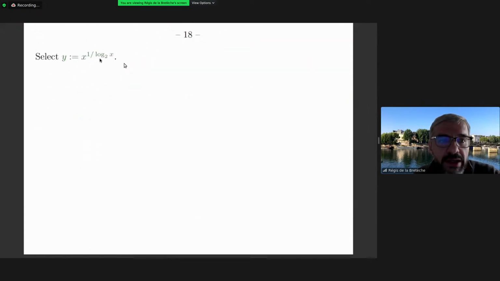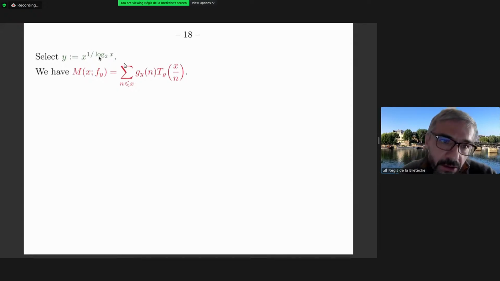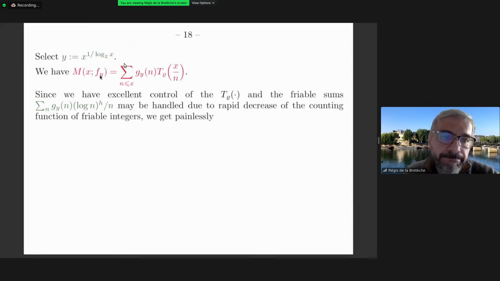We take y equal to x power 1/log x, and we use this formula to estimate the sum of f of y of n.